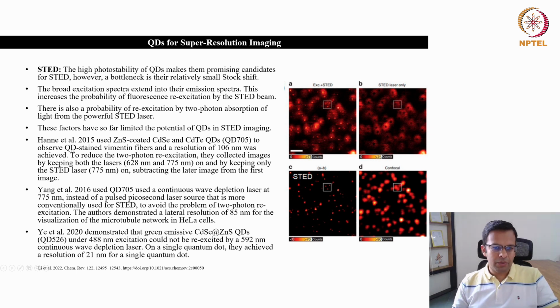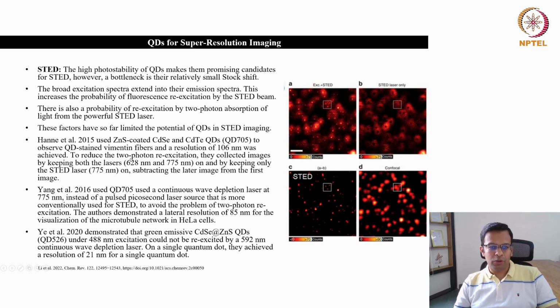In this study, Han et al. in 2015 used ZnS coated CdSe or CdTe quantum dots, known as QD705, to observe QD stained vimentin fibers, and a resolution of 106 nanometer was achieved.